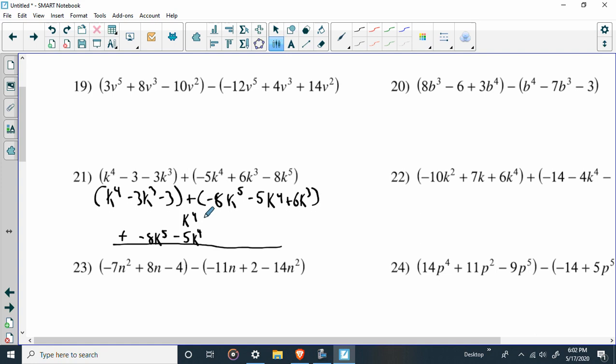Here I have a negative 3k, here I have a positive 6k to the third. And here I have a negative 3. Okay, so you see our fourth powers line up, our third powers line up. Everything else, since this is addition, is just going to come down. K minus 5 will be negative 4. Negative 3 and positive 6 will be positive 3. And a negative 3 is just going to come down.